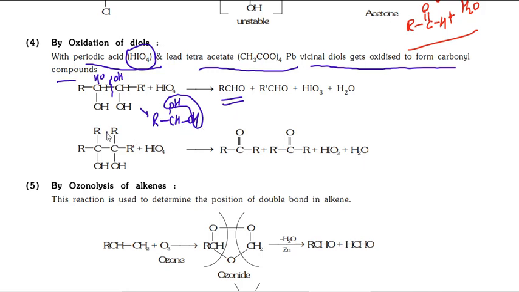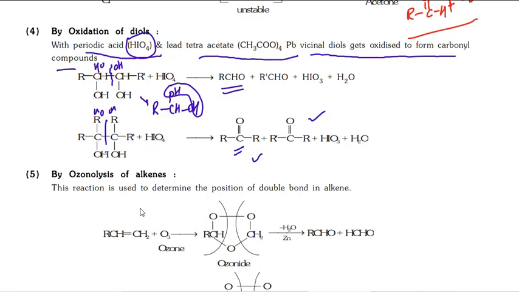Same here, just cut it, put one OH here, one OH here. So OH removes a water molecule and forms C double bond O, then it becomes ketone. That means if the vicinal diols have hydrogens, then obviously it will form aldehydes. If the vicinal diols have both alkyl groups, then it will form ketone.